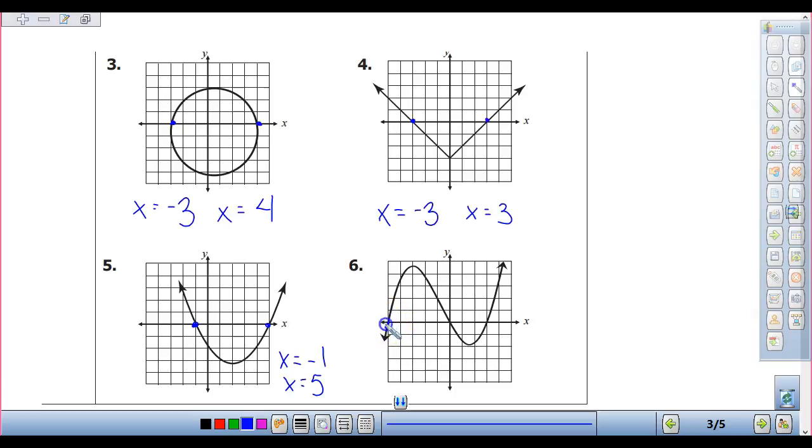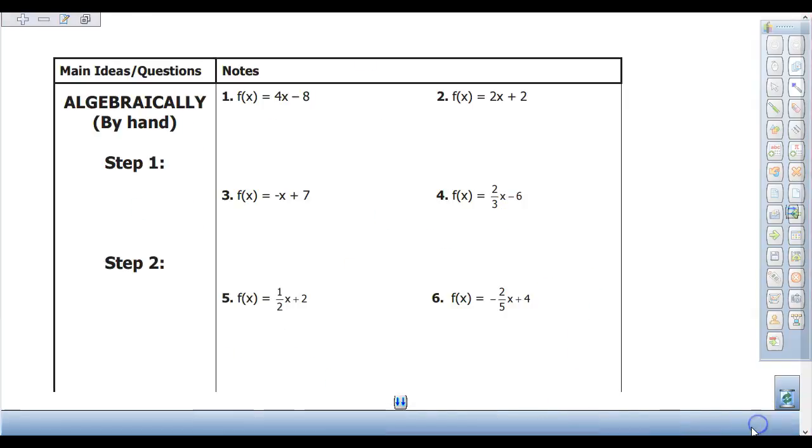Yep, crosses in 3 spots. Remember, every single one has to be x equals. That's what you guys got for 4, 5, and 6? Are you sure, everybody? Sweet. All right, algebraically.